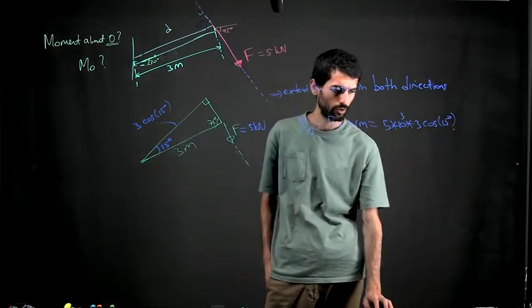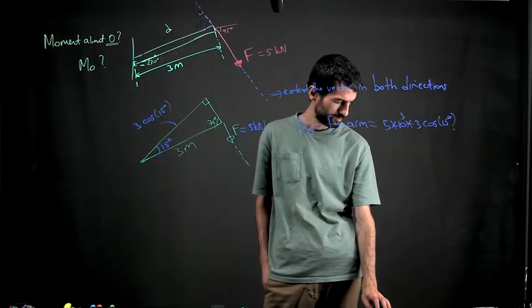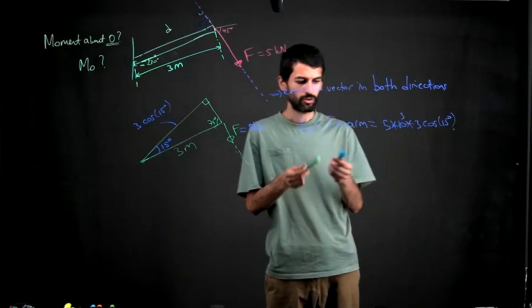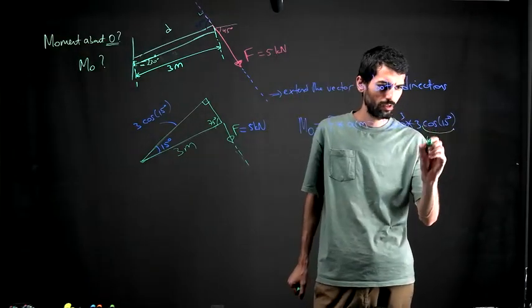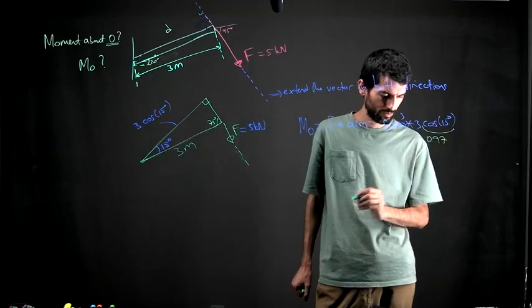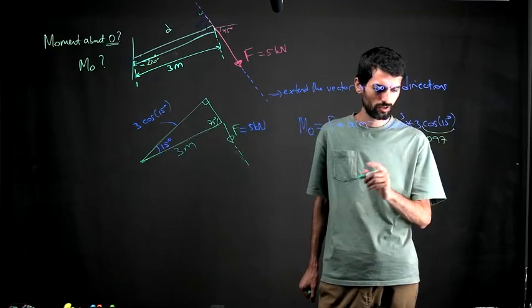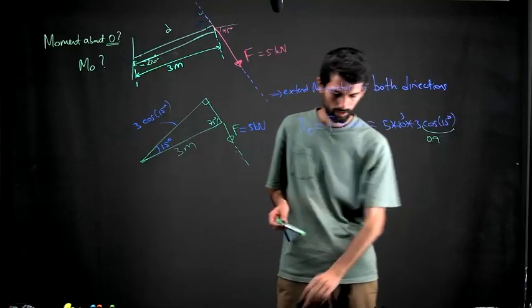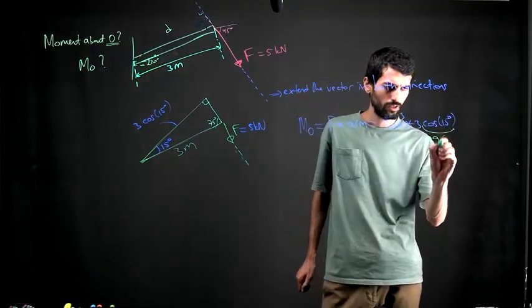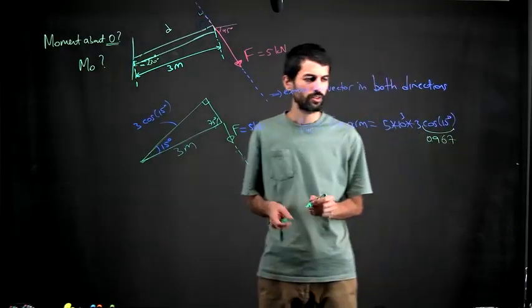Okay, so let's look for what cosine 15 is. Cosine 15 is 0.97. If I go to 3 digits, it will be 0.967.